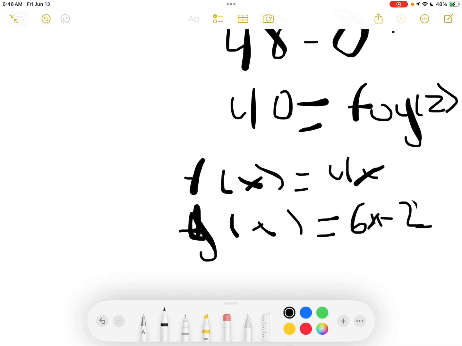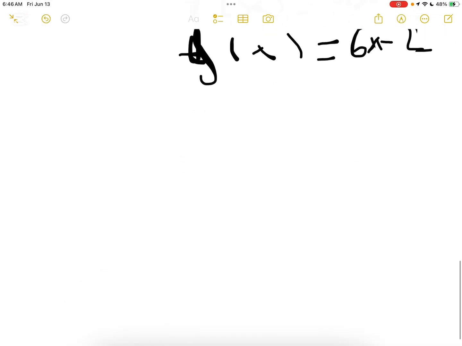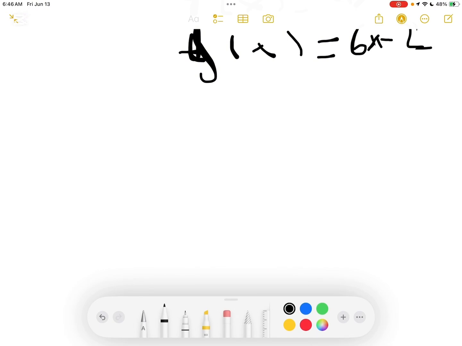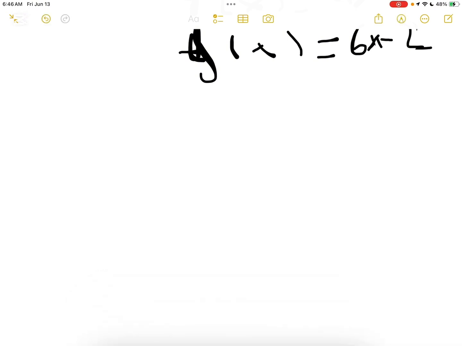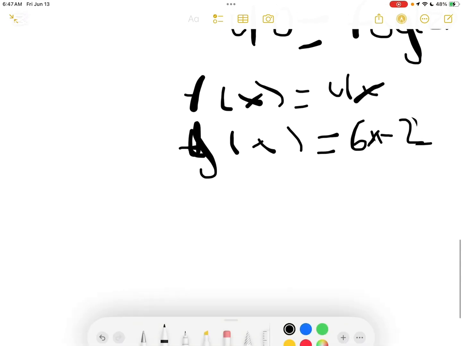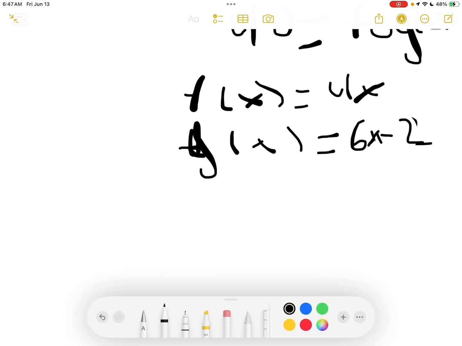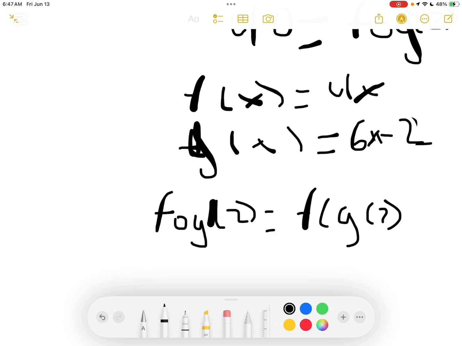But this time, instead of it being x, the variable is now 2. So we'll go like this: f of g of 2 is really equal to f of g of 2.